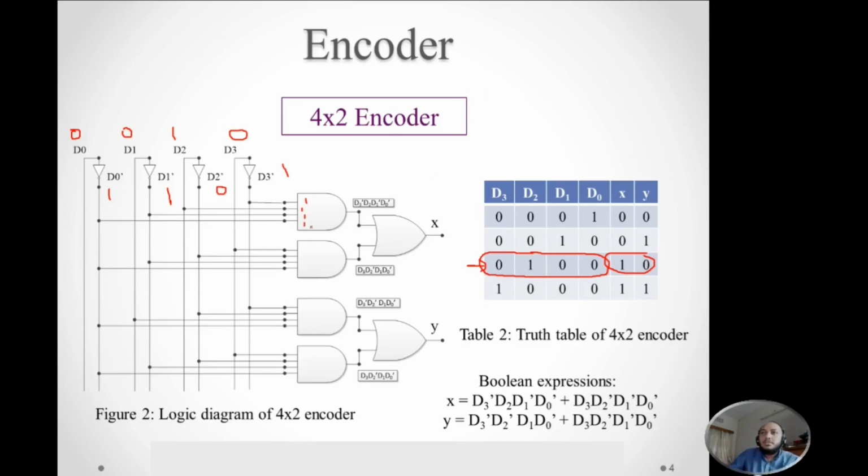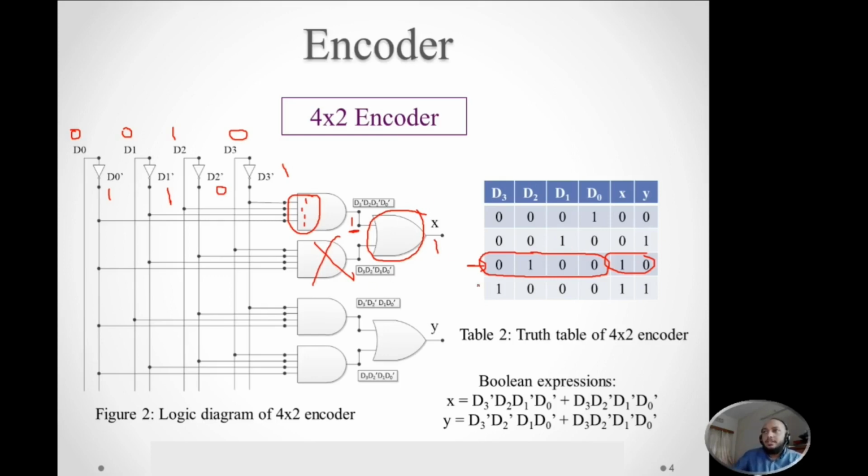That means we have got 4 ones. In a 4 input AND gate all of the inputs are 1, so we are getting 1 here. For X, as this is an OR gate, if one input is 1 then the output will be 1, so we don't need to examine the other AND gate.